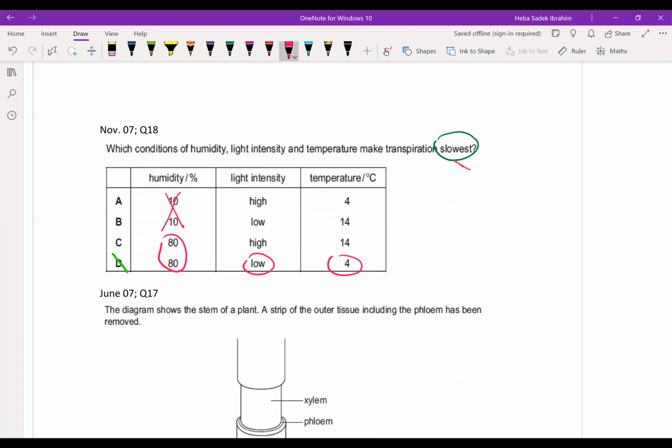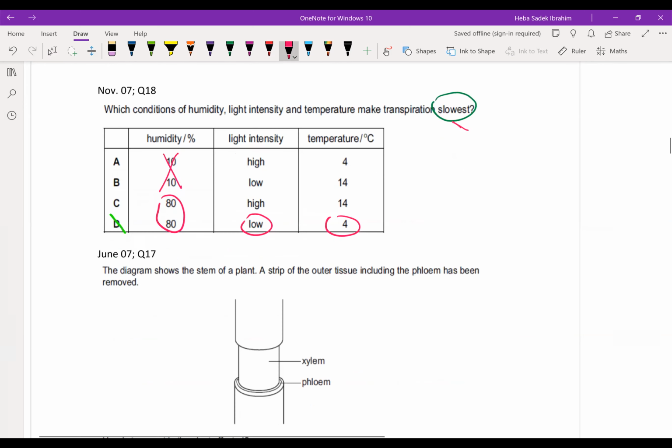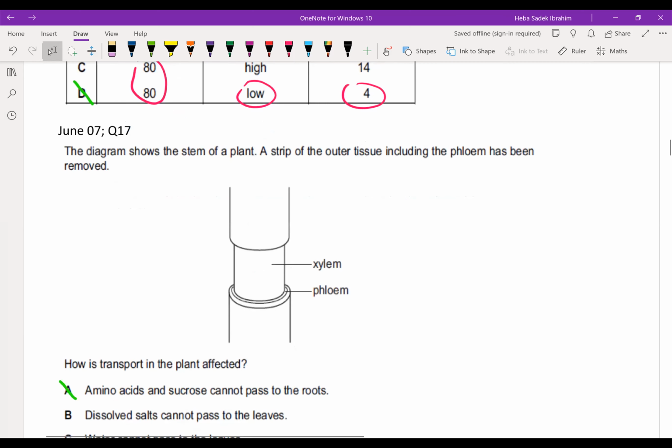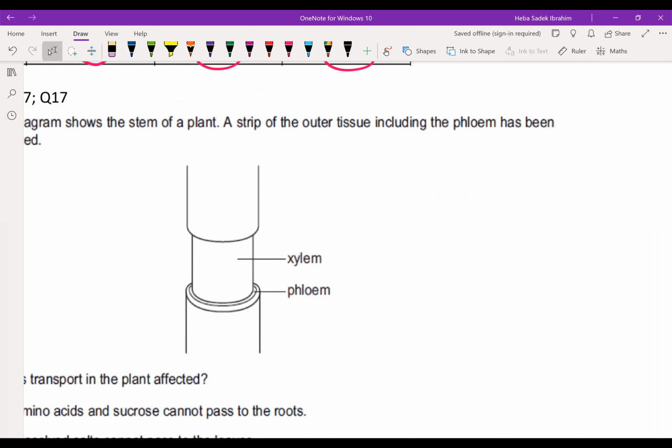Here it says the diagram shows the stem of a plant. A strip of the outer tissue including the phloem has been removed. This is the xylem and this is the phloem tissue. The phloem tissue has been cut out.